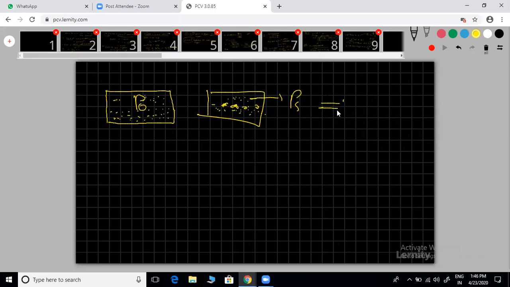So always P naught is greater than PS. P naught is the pure solvent; this is the solution. So which one has more vapor pressure? Solvent, not solution. Fine. Good.